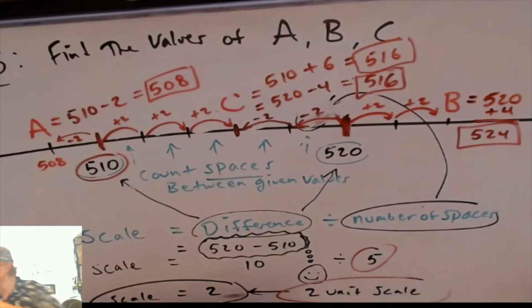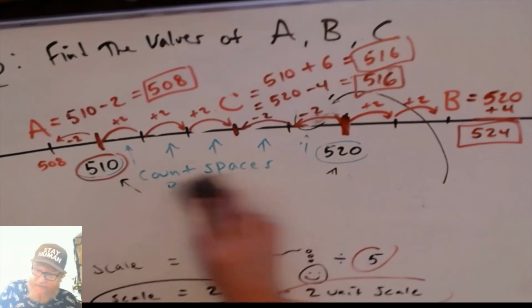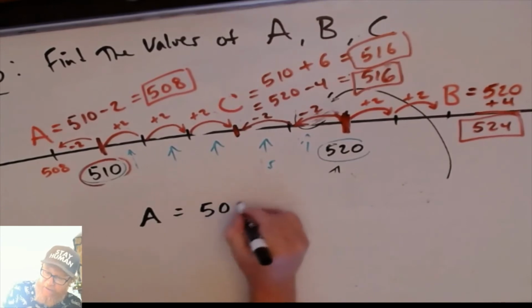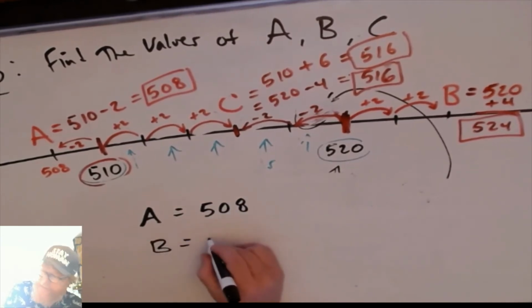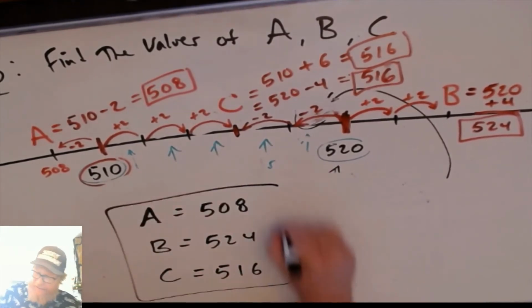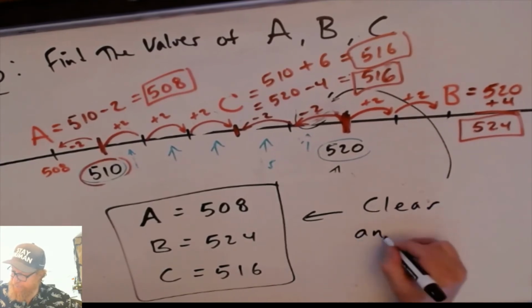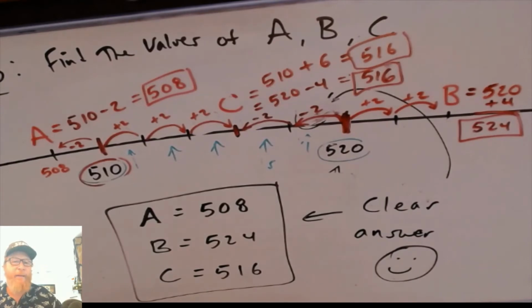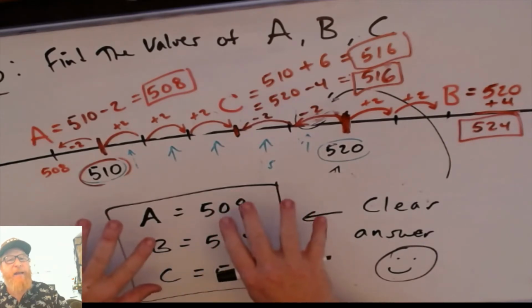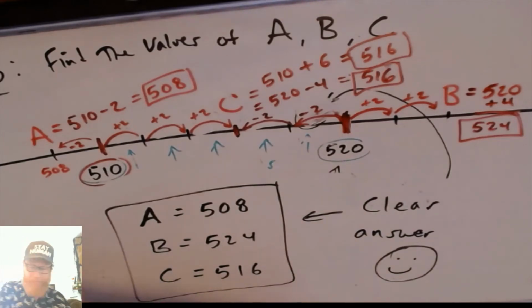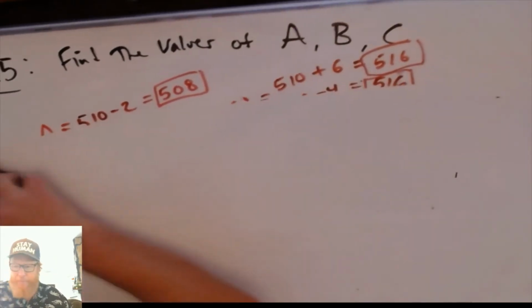And if I want to be absolutely clear about my answer, I would say A is 508, B is 524, and C is 516. All right, so that's the recipe. To find a scale, whatever the unit scale is, you want to find the difference and then divide by the number of spaces. Let's do another example.